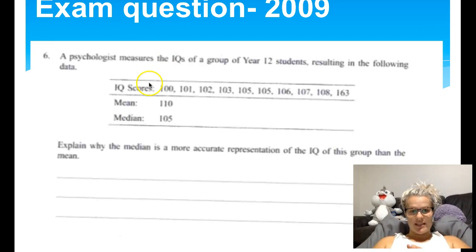So have a look at the numbers along here. Have a look at the mean. Okay, so how many of these are close to the mean? 2 maybe? And this is the median, it's 105. How many of these are close to the median? Most of them. So what you need to be doing is figuring out why. Why has that one gotten bigger? I'll give you a minute to do that.